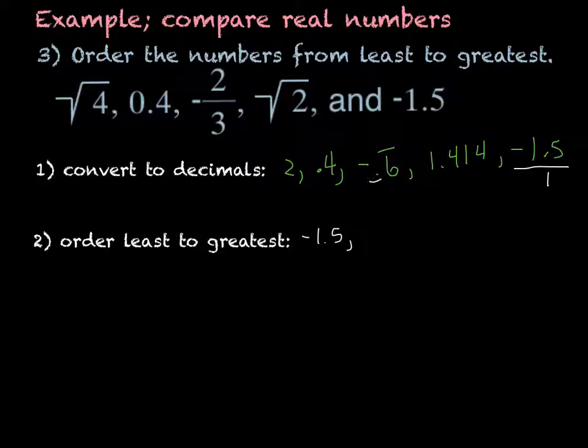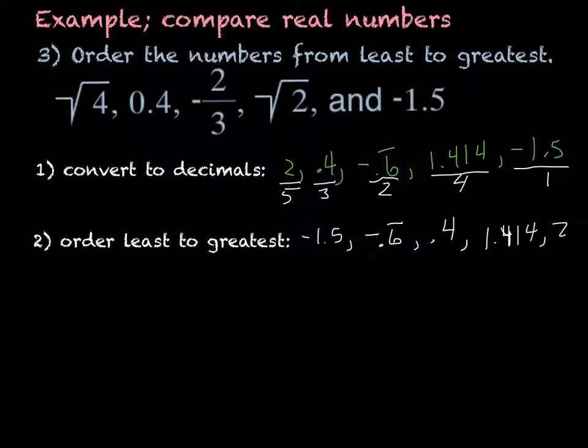And then the other negative, negative 0.6 repeating, and then the next smallest number would be 0.4, and then we have 1.414, and it keeps going after that, and then the only number left is 2, so that must be the last one. So now I have everything in order.